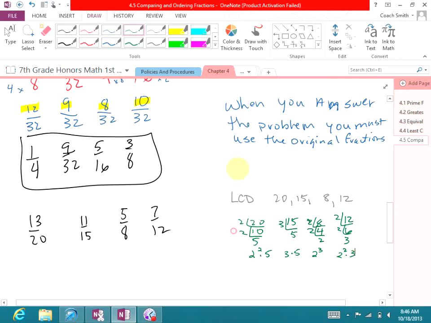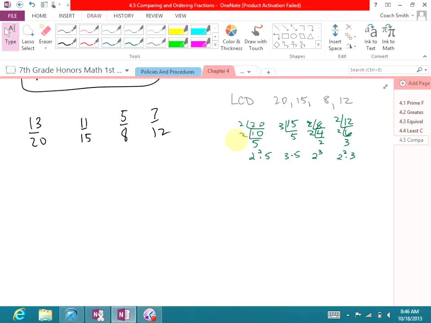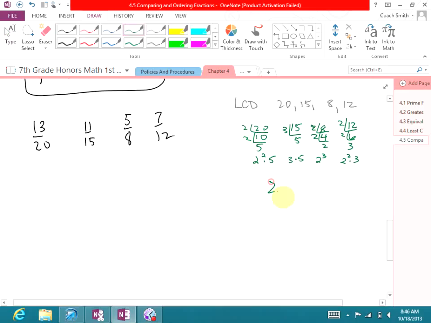So right here, what were the prime numbers used? What's the first one? 2. So 2, 3, and 5 were the only ones used, right?